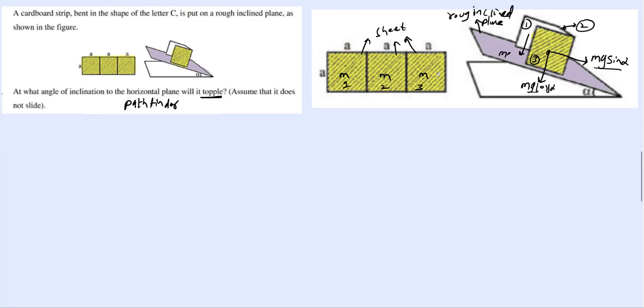Then Mg cos alpha here, Mg cos alpha of this sheet 2, this will be Mg sin alpha, Mg cos alpha.